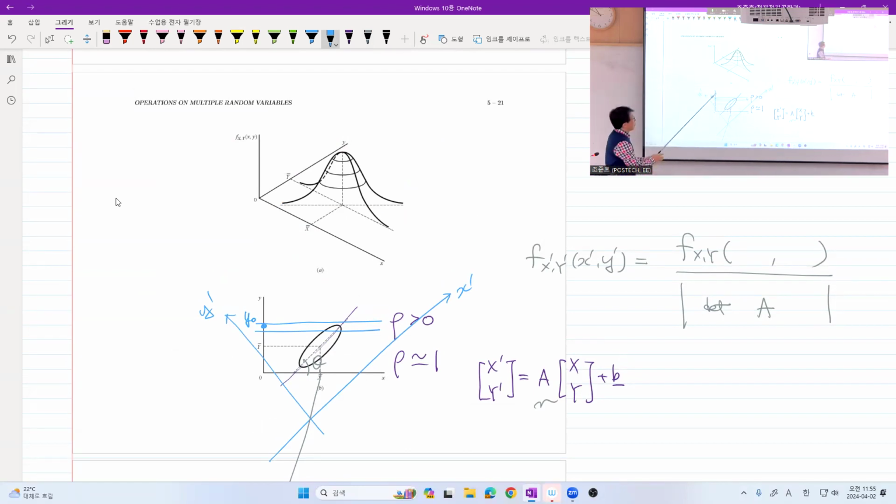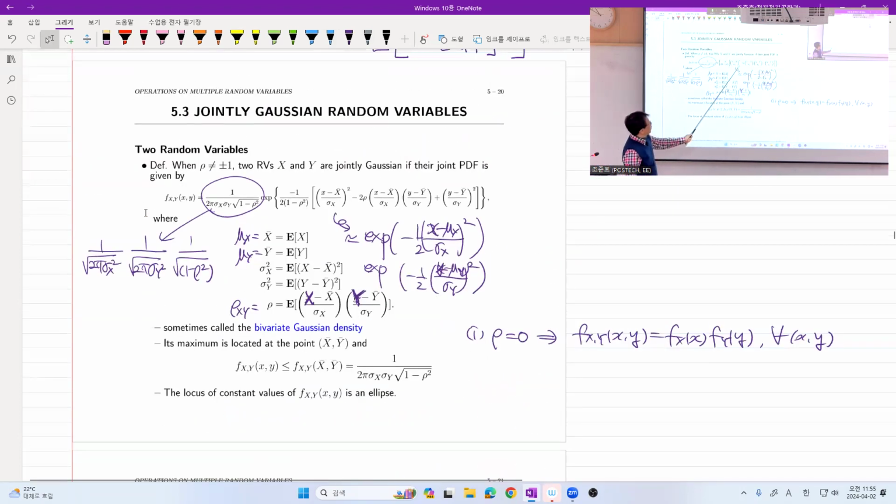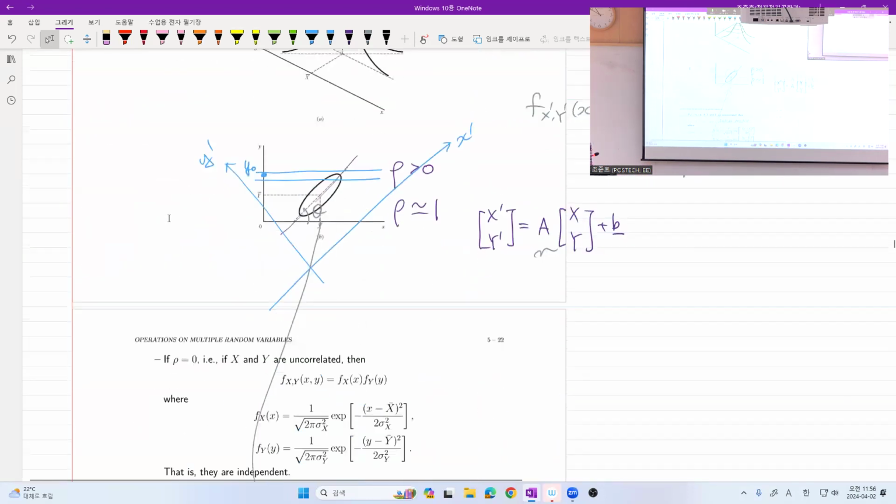Why? Because this means that you substitute y equals y0 here. Now, what do you have? This is a mere constant. You take it out. This is a mere scaling factor. Then what do you have? You have a quadratic function of x. Then it's Gaussian after proper normalization, because your conditional density must integrate to unity. So the conditional density is also Gaussian. Very interesting.